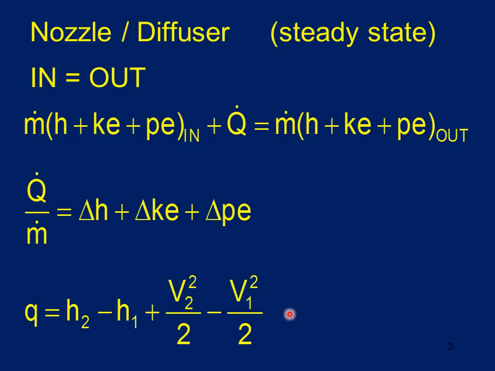Potential energy change in a nozzle or diffuser is going to be approximately 0 because they're fairly small devices and you're not going to have a large drop in elevation as you go through the device. So mainly changes in velocity and changes in enthalpy. And again, often the Q will be 0.